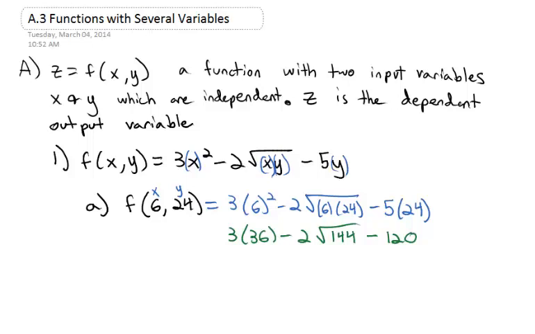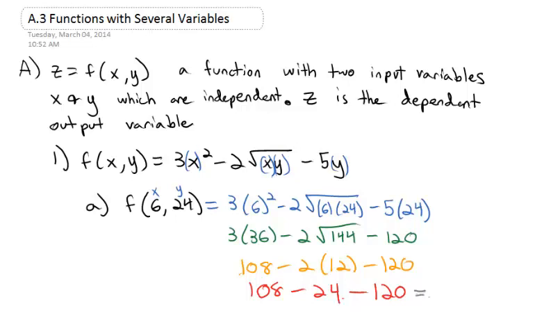Continuing to simplify each term, 3 times 36 is 108, minus 2 times the square root of 144 is 12, minus 120. And finally we have 108 minus 24 minus 120 to get our final solution. 108 minus 24 minus 120 is negative 36.